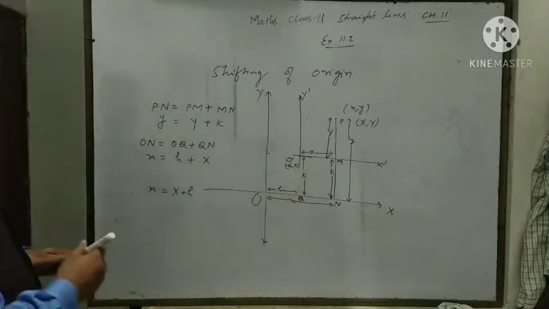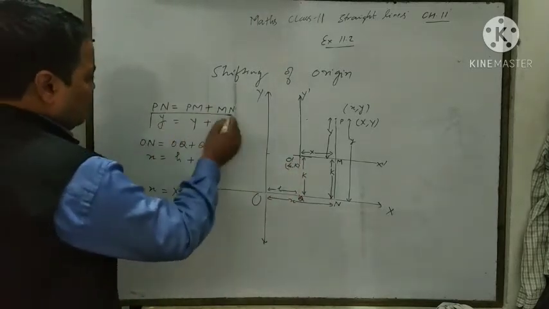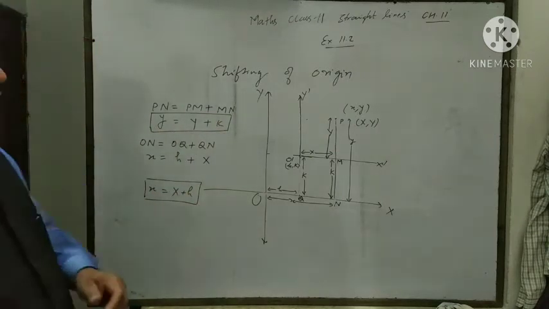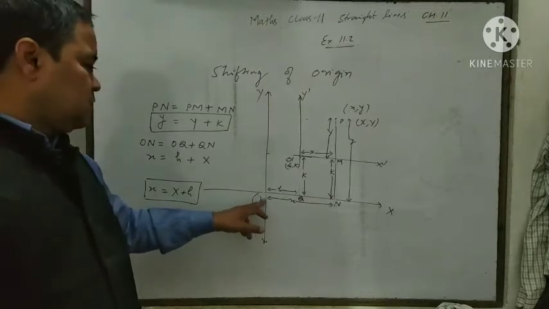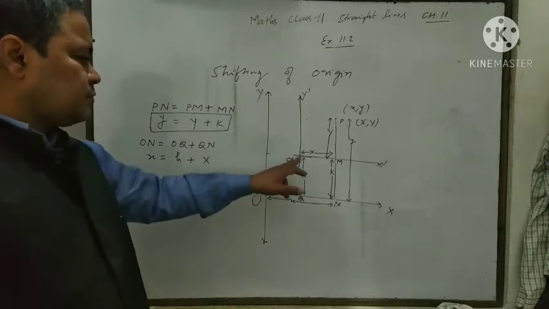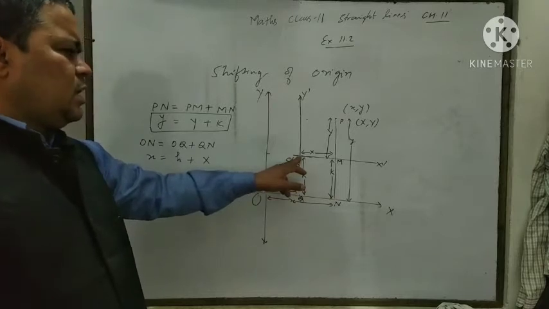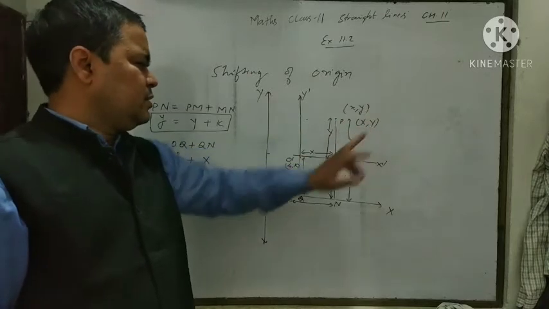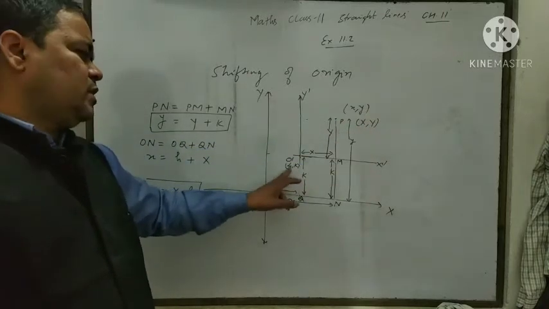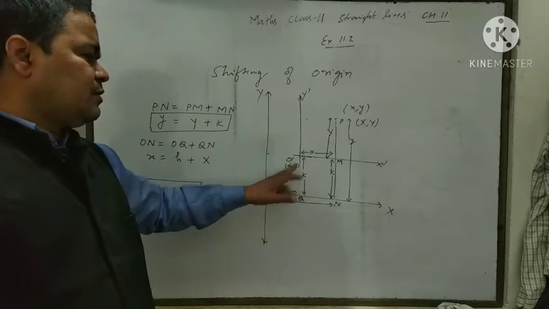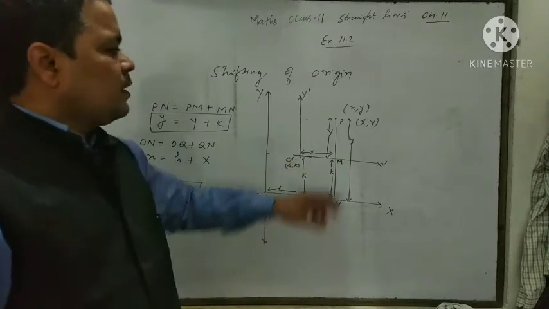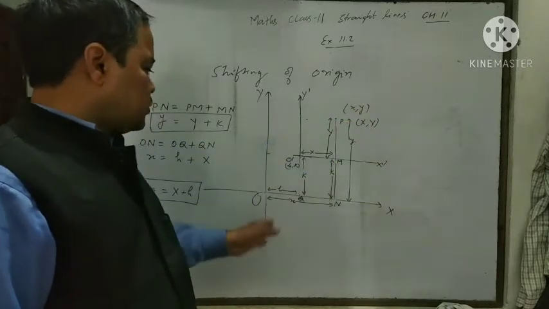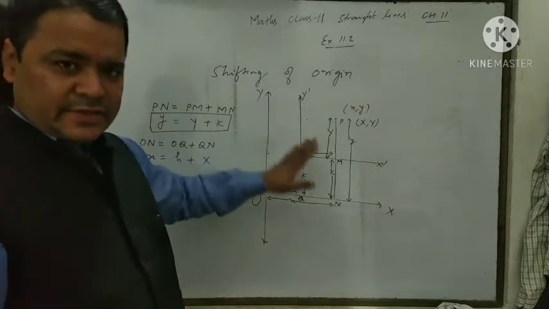It means with the help of this relation we can find the relation between the original origin, the new origin, and this point, meaning small xy, capital XY, and HK. What is HK? This is the coordinate of the shifted origin. What is small xy? This is the original coordinate with respect to the original coordinate axis.